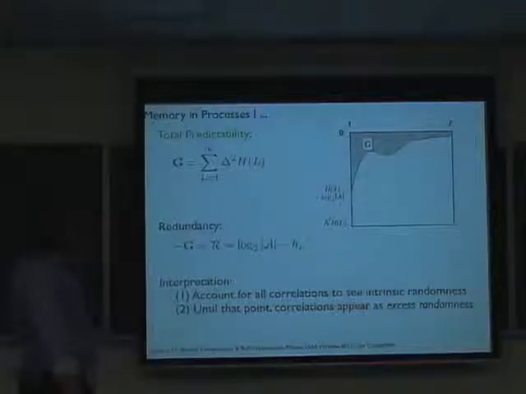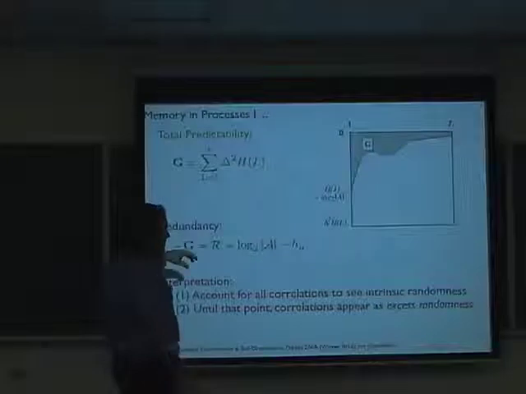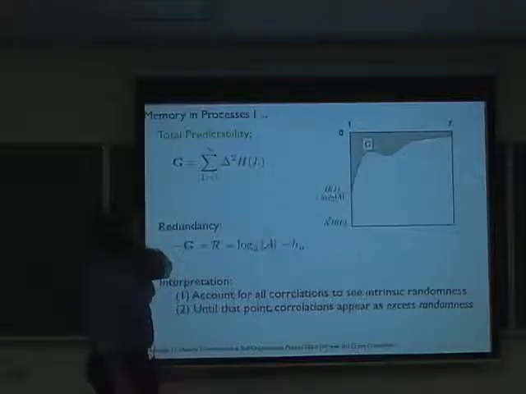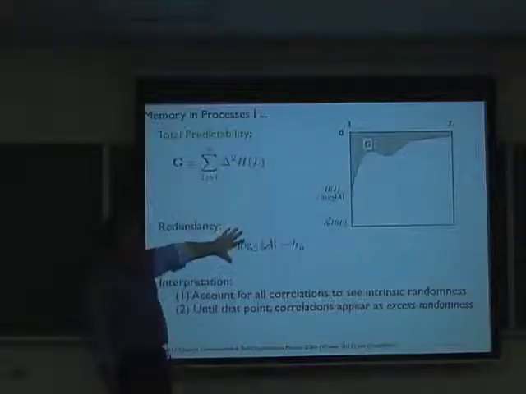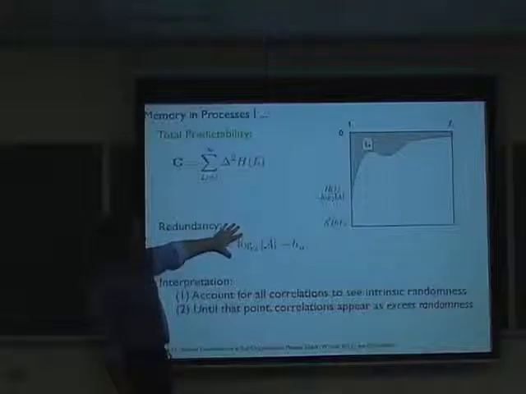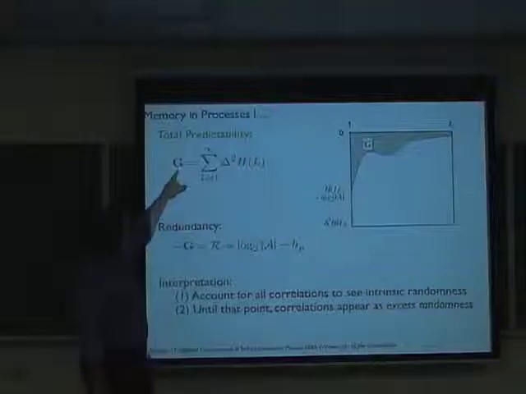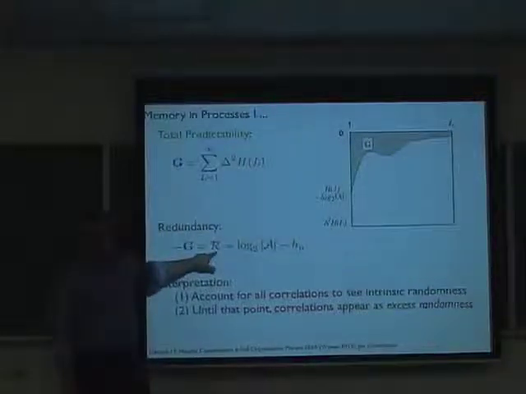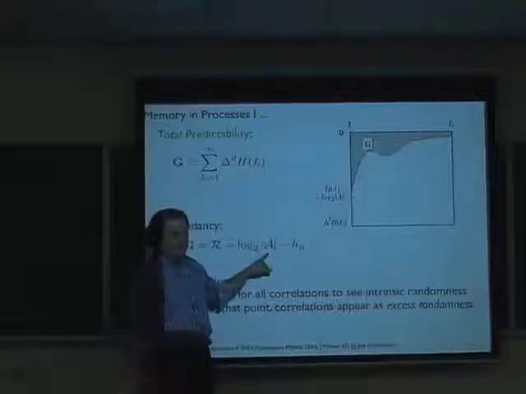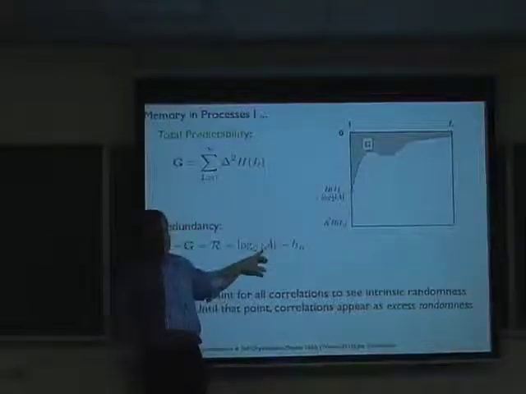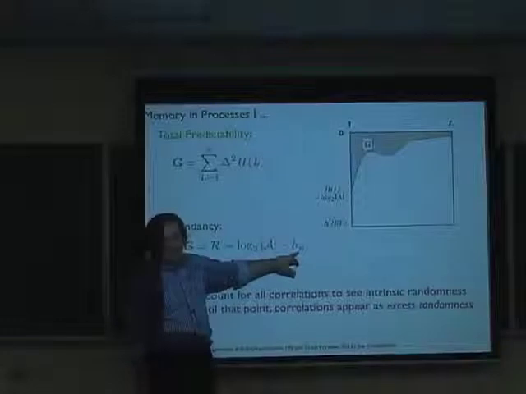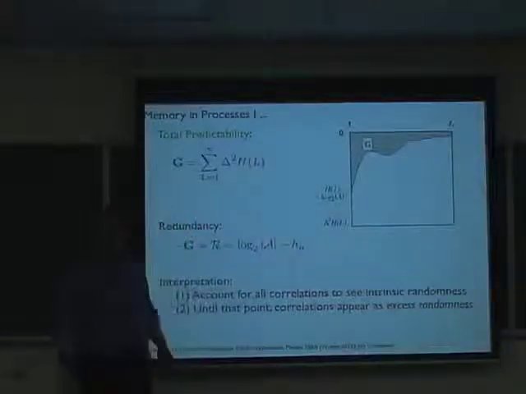Well, why did we call it that? It turns out, and maybe I should at some point spend some time proving these things, the proof of this is actually in that paper, Regularities Unseen, Randomness Observed, RURO. You can show that this G quantity, total predictability, actually is this redundancy. It's the difference between the log of the alphabet size, remember, just the raw messages, if you will, minus the true randomness of the source. It's the redundancy in the source.